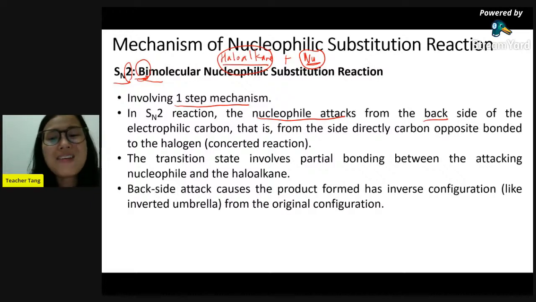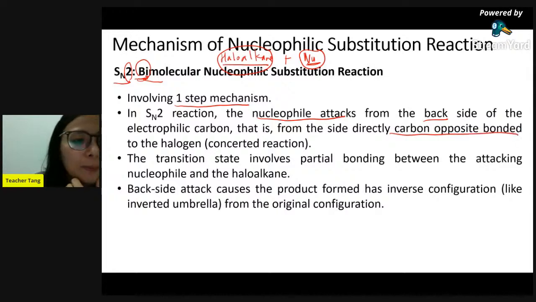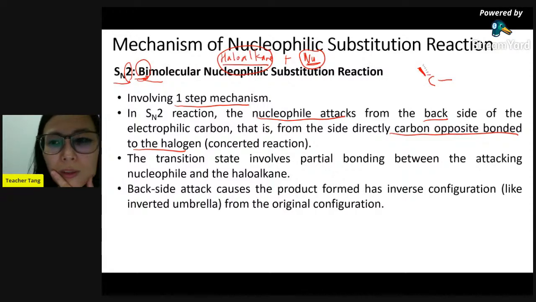So what does it mean? Basically it means that it will be attacking at the side opposite to the carbon that is bonded to the halogen. So it means like this. This carbon, remember, has a tetrahedral shape, and it is bonded to the halogen like this.